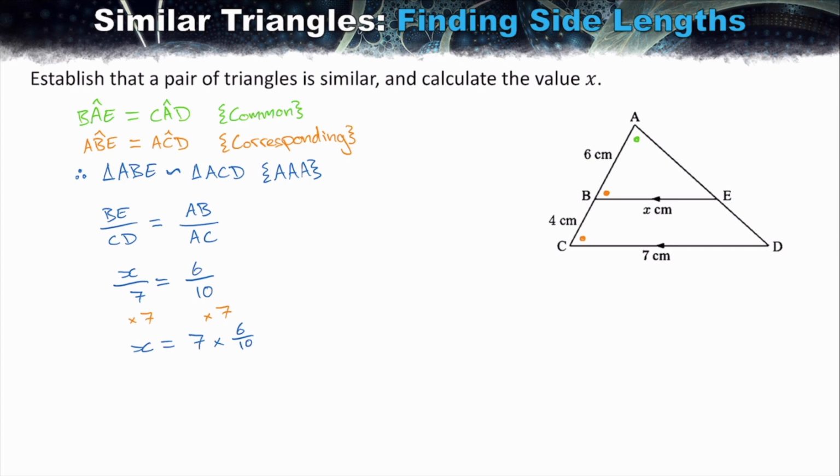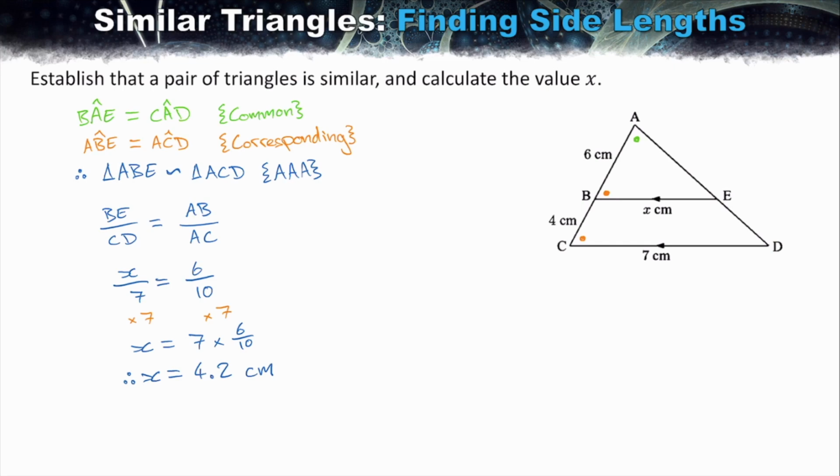Usually I simplify fractions when I can, so I was about to change it to 3/5. So if we do 7 times 3/5, we will find the side length for our unknown value, which is going to be 4.2. And of course we can't forget our units. So our units here are centimeters.